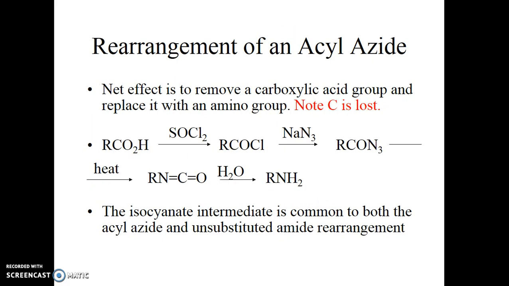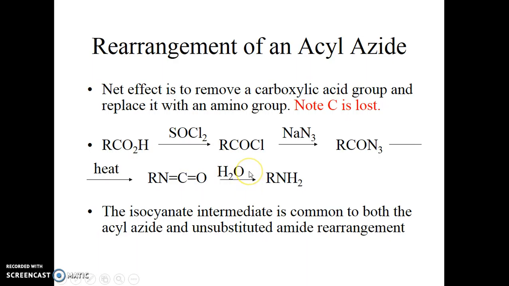You have a similar reaction occurring with an acyl azide. If we take a carboxylic acid and treat it with thionyl chloride, we end up getting an acid halide, which when treated with sodium azide gives what is called an acyl azide. If I heat this, it rearranges to an isocyanate, just like in the previous reaction.